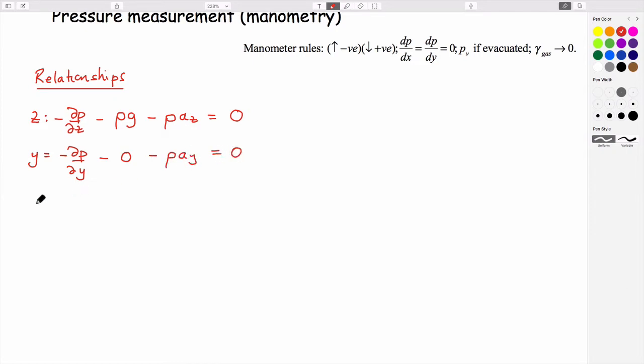In the y direction, and in the x direction, we ended up with rate of change of pressure with x minus 0, because gravity only acts vertically upwards. It doesn't act in the horizontal directions. And any acceleration that we apply in that direction.